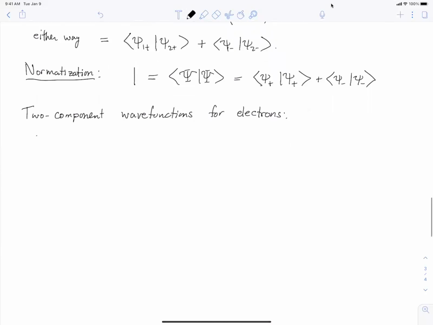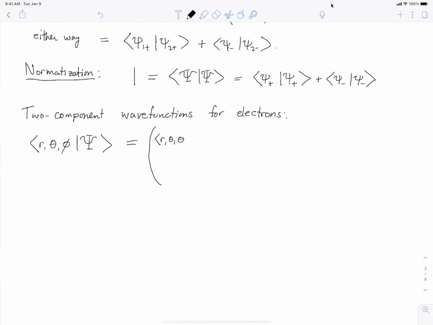What we're doing is taking the inner product of the position eigenket with the whole two component spinor. And so that is in this two component notation.